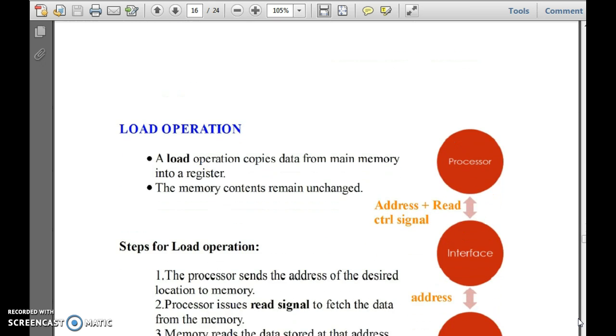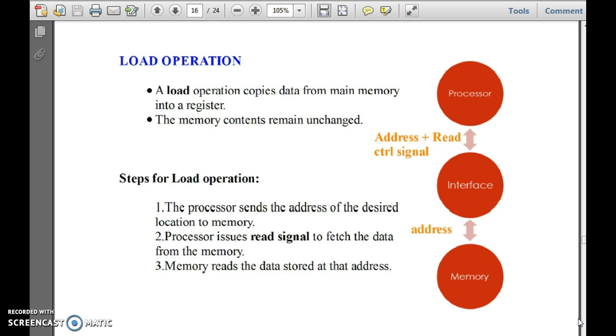The load operation brings the contents from the main memory into the register. Only the register is affected, and the memory contents are not changed. First, the processor sends the address and the read signal. Once the read signal is issued, it goes to the memory and reads the particular value, which is loaded from the memory into the processor.